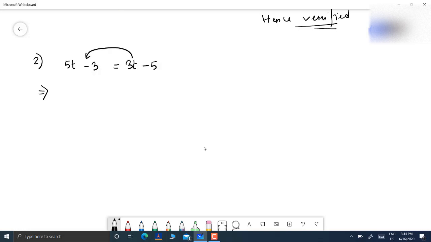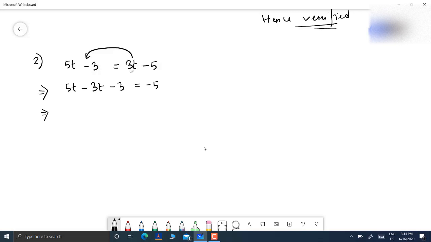Normally we do that because the unknown terms are usually kept on the left hand side only. So when 3t is shifted to the left hand side, initially it was positive. When it is shifted to the left hand side, of course it will turn negative. So I can put here 5t minus 3t minus 3 is equal to minus 5.